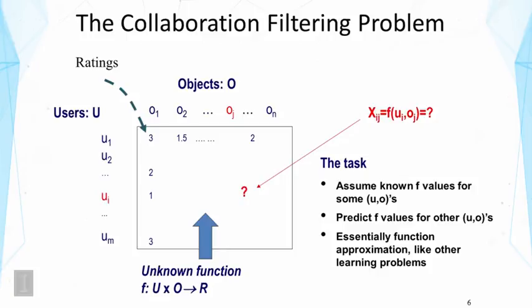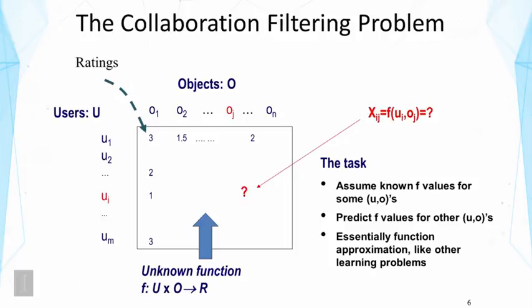And what's interesting here is we could potentially infer the value of element in this matrix based on other values. And that's actually the central question in collaborative filtering. And that is, we assume there's an unknown function here, f, that would map a pair of a user and object to a rating. And we have observed some values of this function. And we want to infer the value of this function for other pairs that don't have values available here.